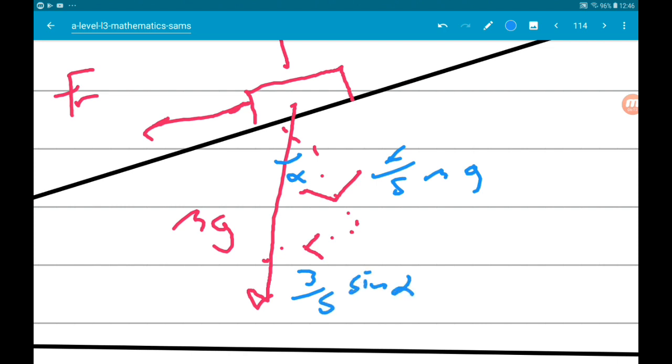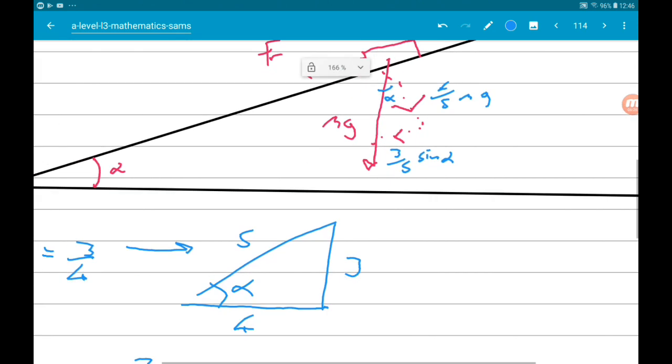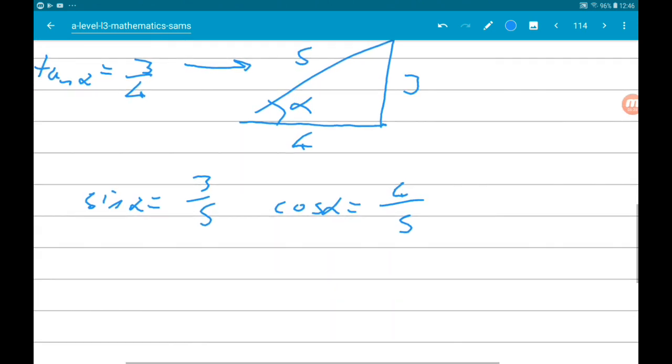Okay, so now that we know that, we can play with some equations of motion. So, we know that friction is mu times the reaction force.